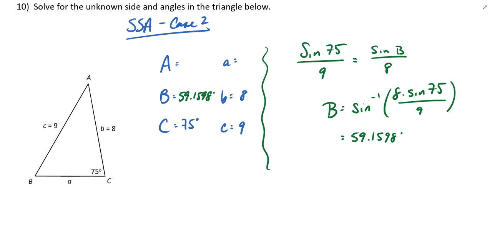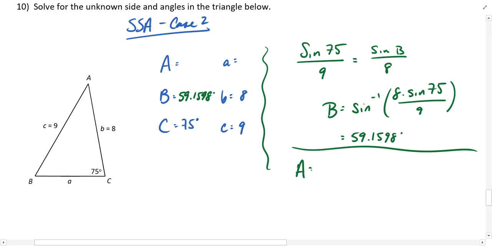And the sum of these 3 angles must be 180, so we know that A is equal to 180 minus 75 minus 59.1598. And that appears to be 45.8402 degrees.